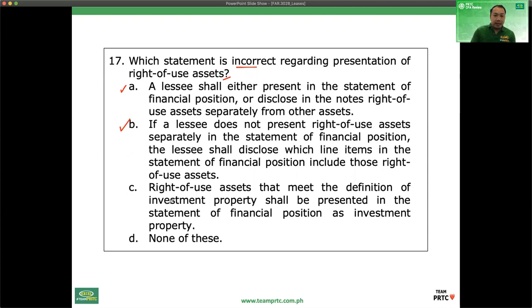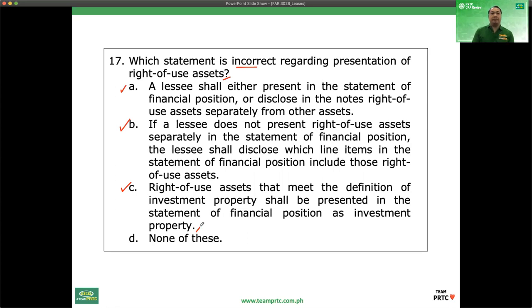Okay. C is also correct. Right of use assets that meet the definition of investment property shall be presented as investment property. Okay? So, ang right of use asset, again, pwedeng PPE yan, pwedeng intangible asset yan, pwedeng investment property. So, kapag yung right of use asset ay investment property, dapat i-present siya as investment property. Pero kung let's say yung right of use asset ay PPE, pwede siyang i-present separately or as part of what?